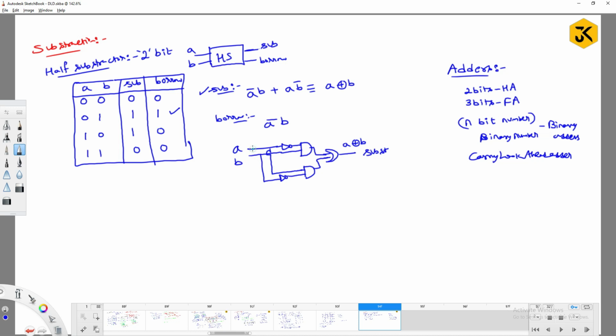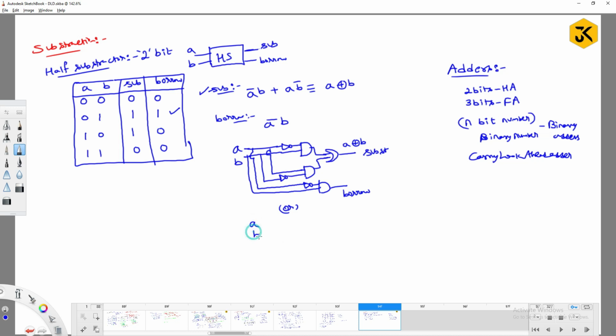Similarly for borrow, you need A bar B, right? So here you get A bar, and now we need to add B also. This is what I can call the borrow, right? The same circuit can be represented with the help of an XOR gate.